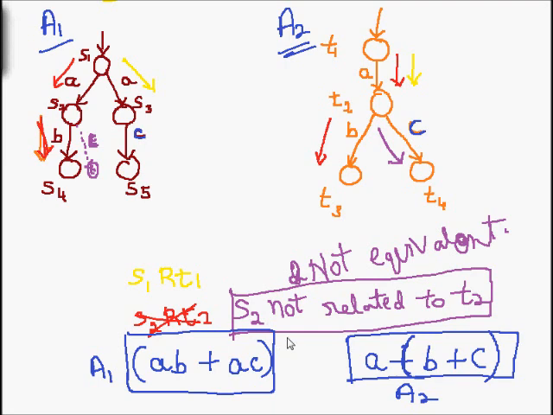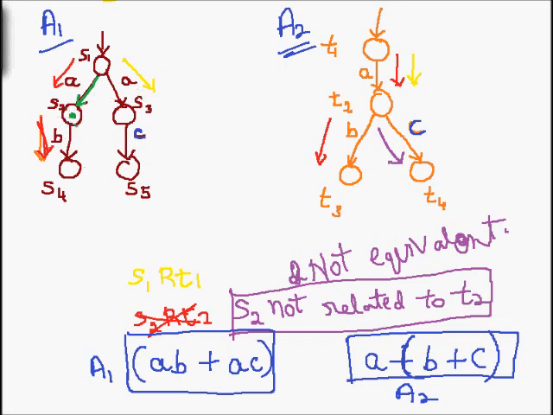Let me tell you where the problem is. Assume that I make an A transition here. Here I want to make a C action. Is it possible here? Actually, I don't have a C action here. It is not possible to make a C action once I make an A action here.